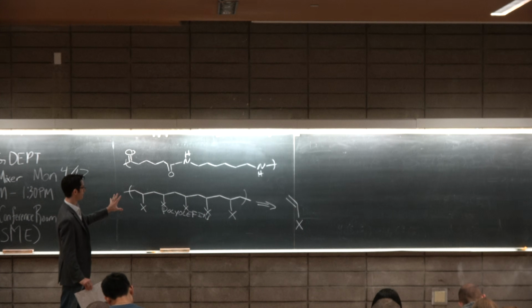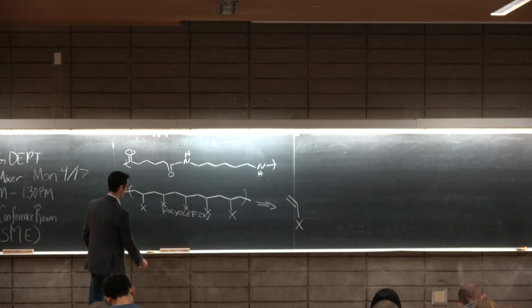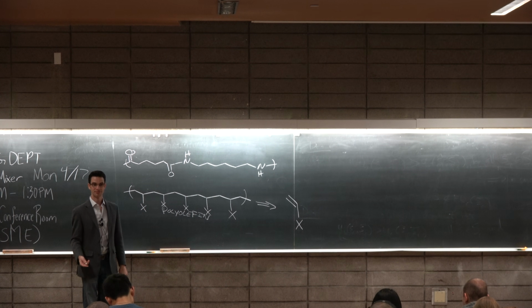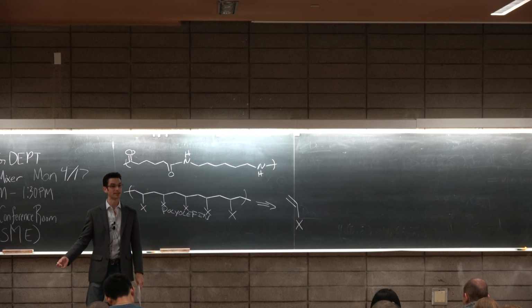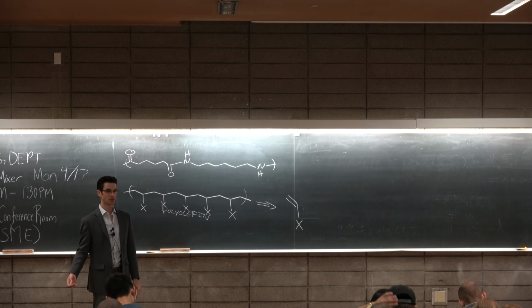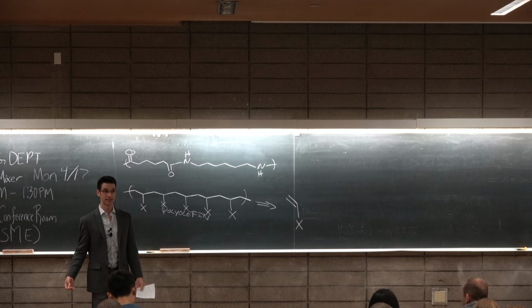And so if X, for example, is a benzene ring, it's polystyrene. If it's chlorine, it's polyvinyl chloride. If it's methyl, so just CH3, it's polypropylene, and so on.